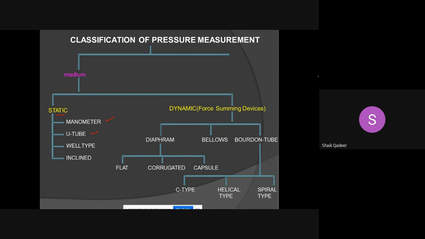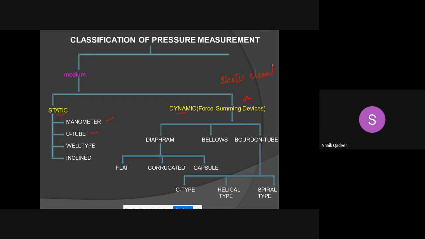For measurement of dynamic pressure, we use an element called a force summing element or force summing device. This is also called an elastic element. You see this name in our course.